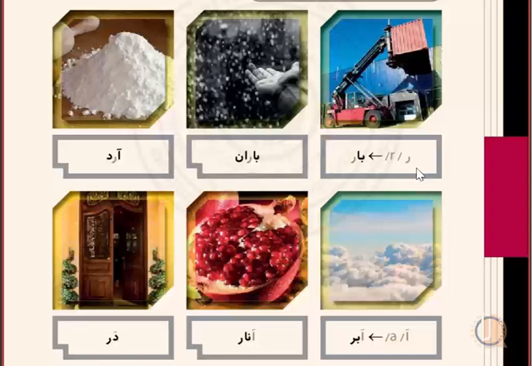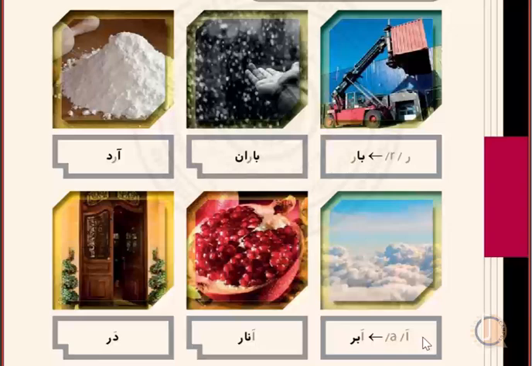The sound is r, as in bar, that is cargo, or as in baran, rain, or art, floor, and a as in abr. I have to tell you that a is not an independent Persian letter. It is one of the sounds that alif can have.